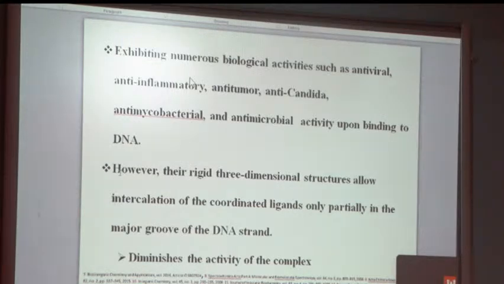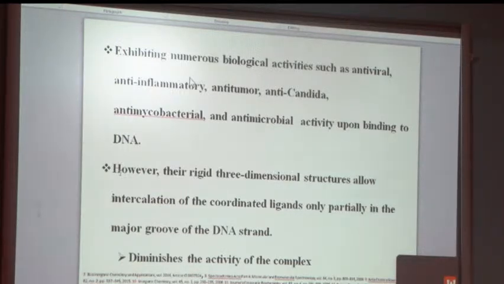When such flat molecules are aggregated around the metal center, a three-dimensional structure is formed. This structure prevents the very strong interaction of these molecules with the DNA strand. This is believed to diminish the activity of the complex.